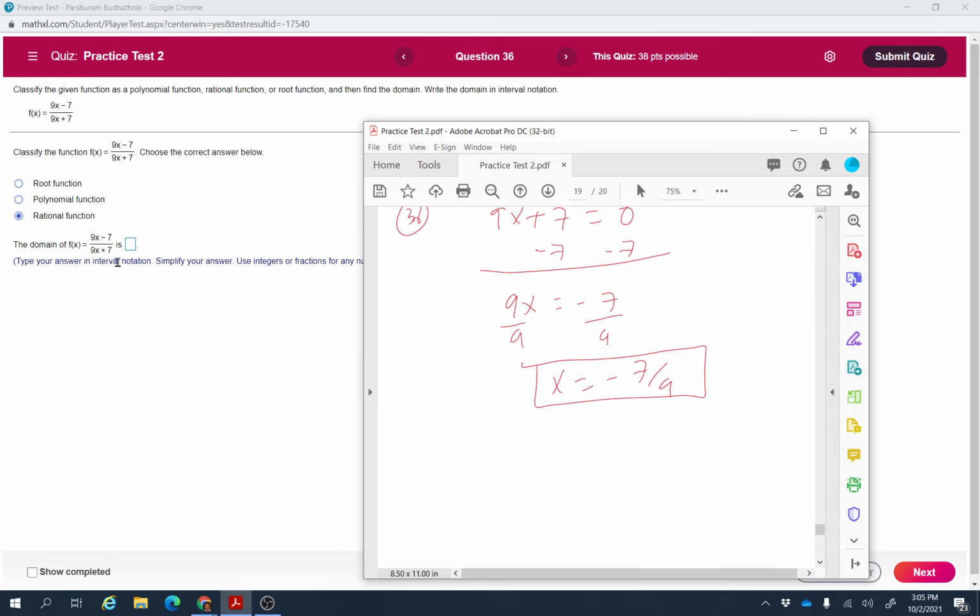So how do you write it down here? Use interval notation. This is a real number line. You go from -infinity up to -7 over 9. You don't take -7 over 9, and you take everything else other than this. By doing that, you are excluding -7 over 9 and taking everything else.